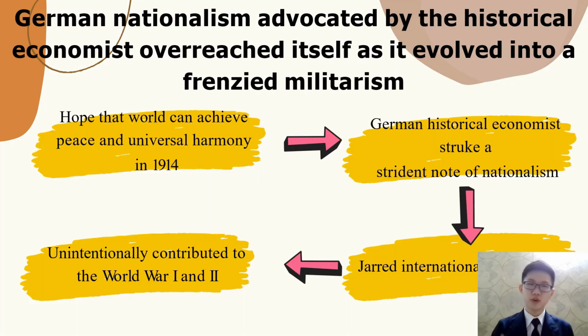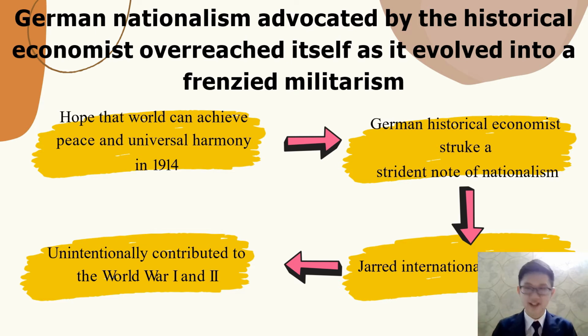Now let's move on to the third one. The third one is that German nationalism advocated by the historical economists overreached itself as it evolved into militarism. During the century up to 1914, everyone hoped that the world could achieve peace and universal harmony.